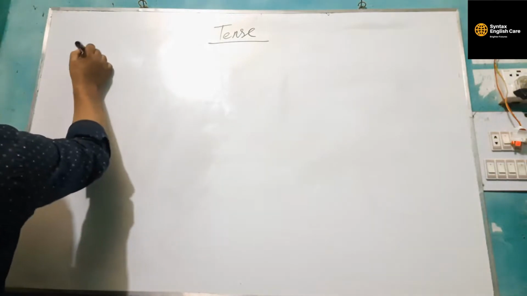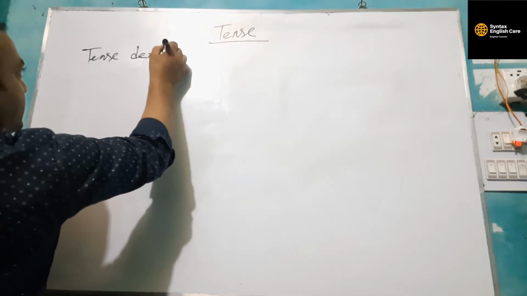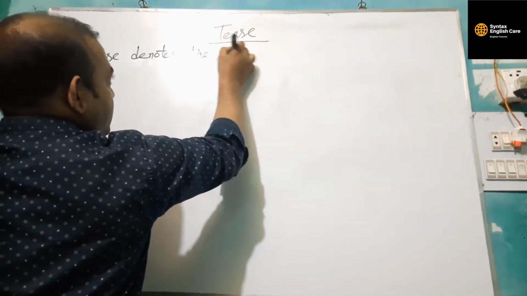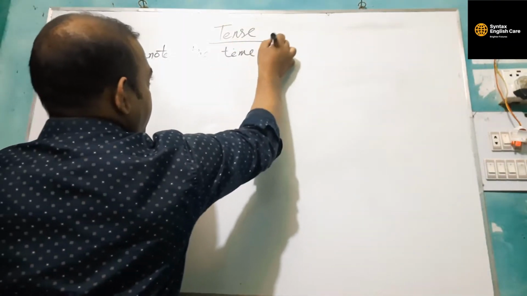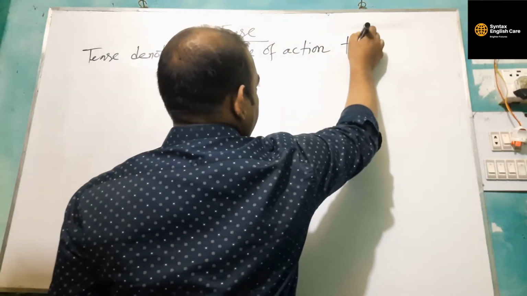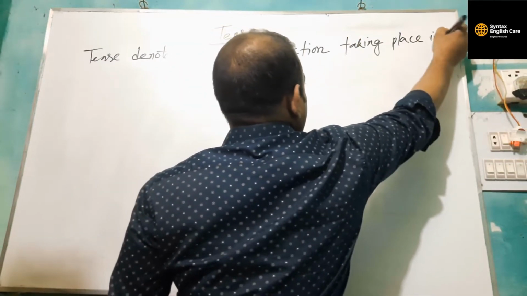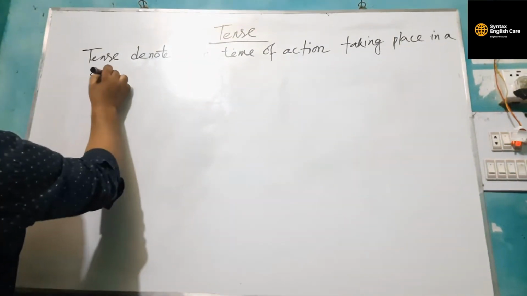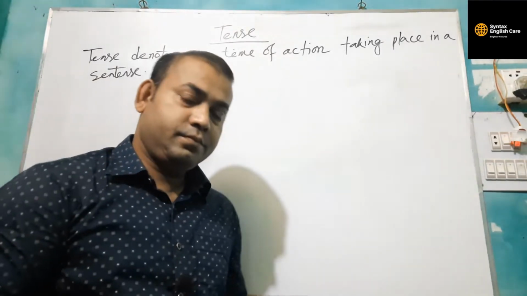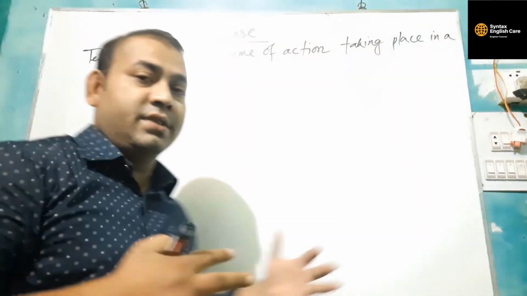Tense denotes the time of action taking place in a sentence and is related to the verb.